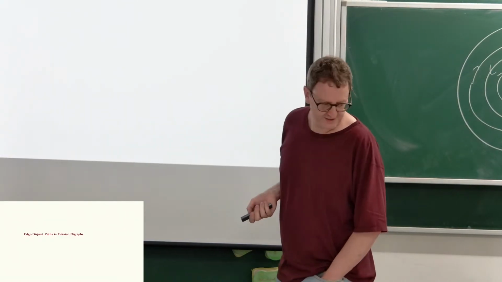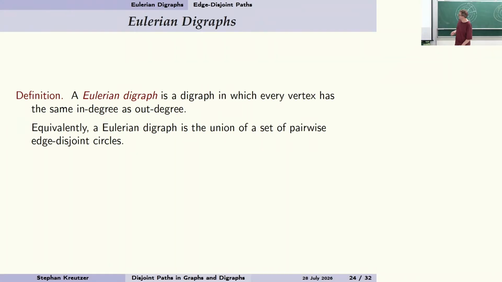The other case now, and this is the remaining hour and a half or so, I want to speak a little bit about Eulerian digraphs, and explain what happens there. Here I will be looking at edge-disjoint paths. And what is an Eulerian digraph?